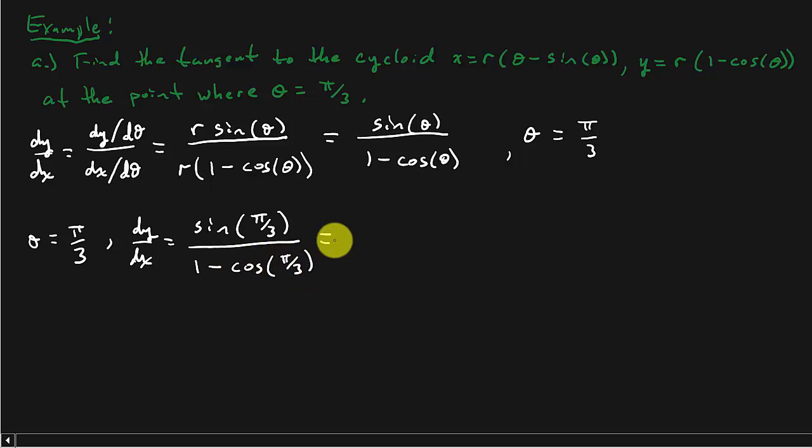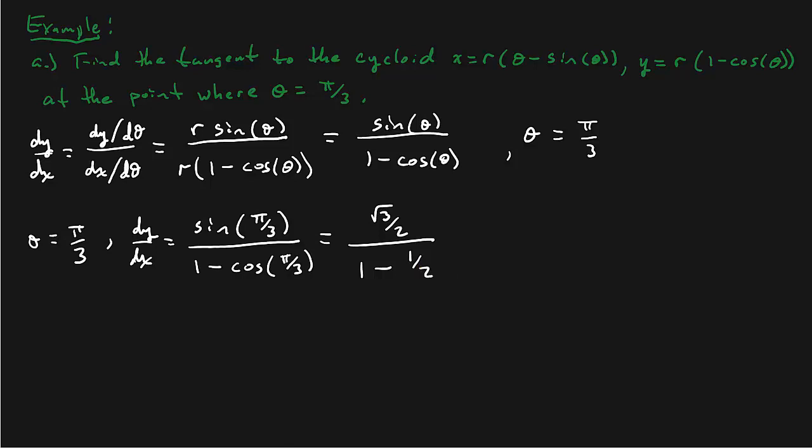What's the sine of pi over 3? That's square root of 3 over 2, over 1 minus the cosine of pi over 3, which is 1/2. The square root of 3 over 2 and the 1/2 are something you should know from trig.